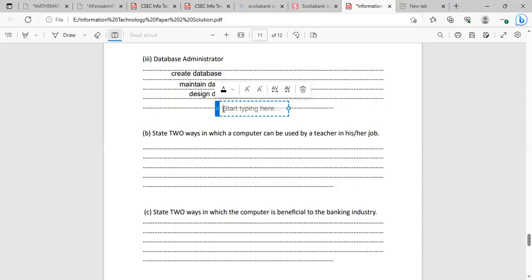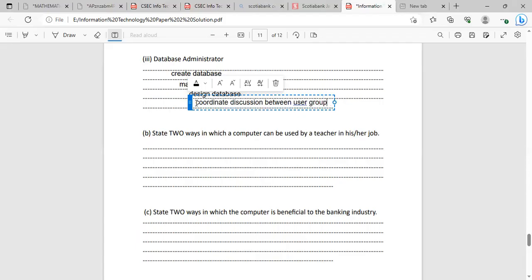It coordinates discussion between user groups. All right, so sometimes more than one person is using the same database for different reasons. So that's what it does.